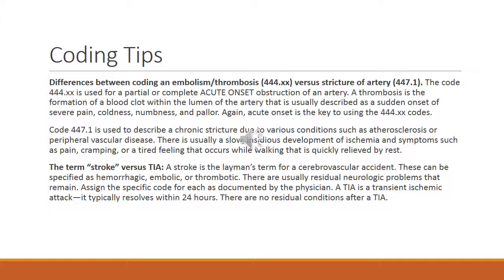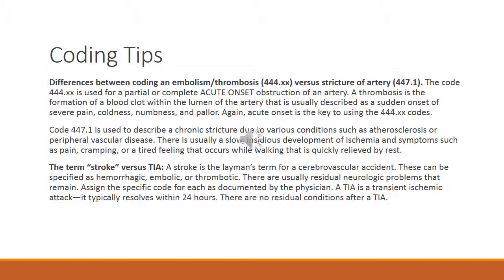Continuing on with coding tips, differences between coding an embolism and or thrombosis versus stricture of an artery. The code 444.XX is used for a partial or complete acute onset obstruction of an artery. A thrombosis is the formation of a blood clot within the lumen of the artery that is usually described as a sudden onset of severe pain, coldness, numbness, and pallor.